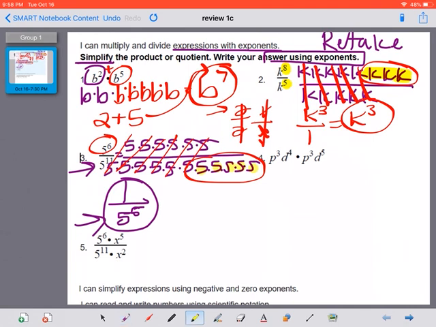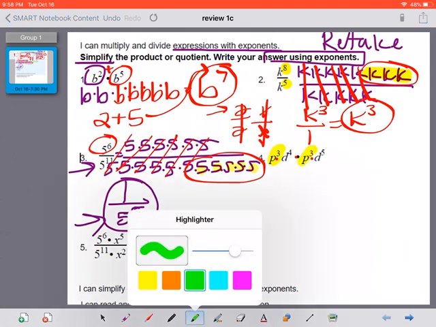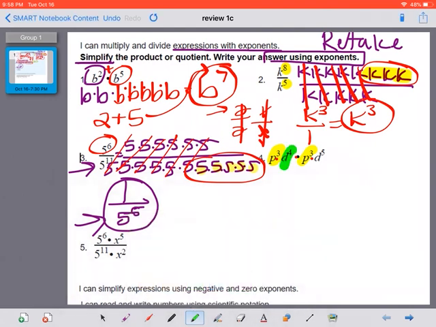Next, we have p to the third. If you need to put the dot there to know they're touching, it's multiplied, d to the fourth, and then again multiplied by p to the third, and d to the fifth. All we're doing is counting up how many p's do we have, how many d's do we have. So our p's are highlighted in the same color, and same with the letter d.